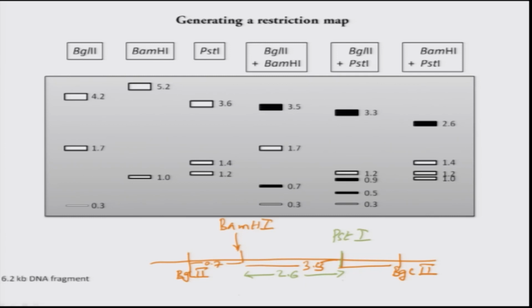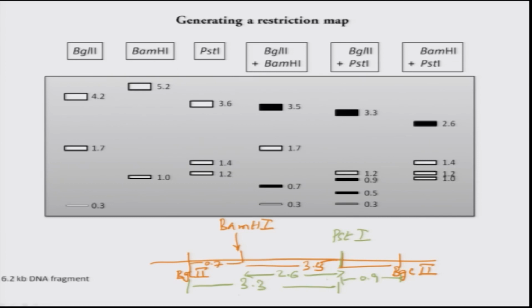So if we subtract 2.6 from 3.5, that leads to 0.9. So this seems to be the 0.9 kb new fragment, and so 2.6 plus 0.7, which equals 3.3, is the other BGL2 PST fragment.